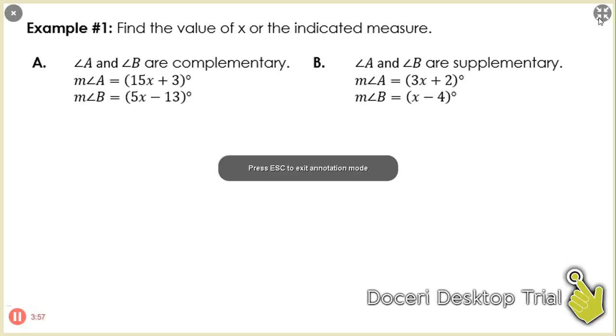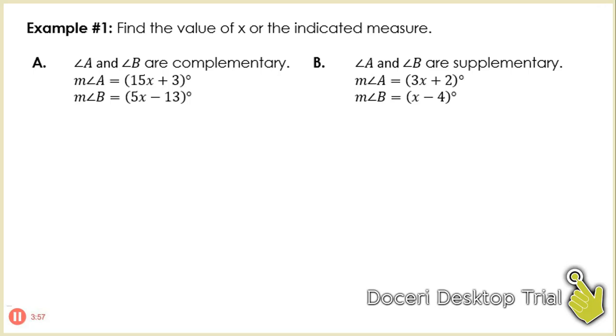So in this first example, we see that it says angle A and B are complementary. So since A and B are complementary, we know that the word complementary now means that they add to be 90 degrees. So what that means for us is that the measure of angle A plus the measure of angle B, those are going to add up to be 90 degrees.